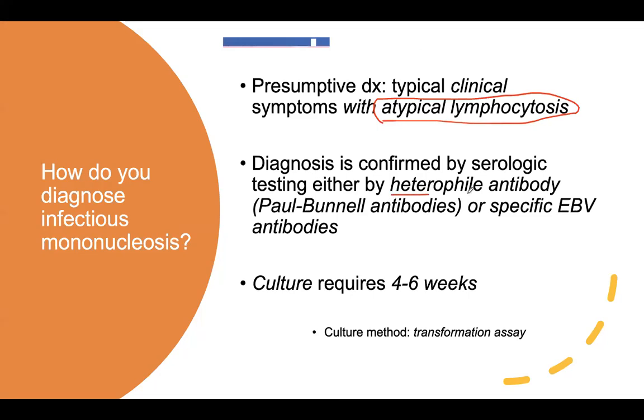So we test for the heterophil antibody. This is the Paul-Bunnell antibody test. Now, your challenge with the diagnosis of infectious mononucleosis, if you rely on cultures, is that it takes quite a long time for the cultures to grow, about 4 to 6 weeks.